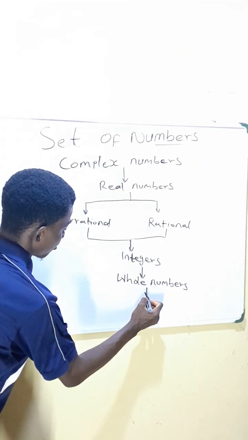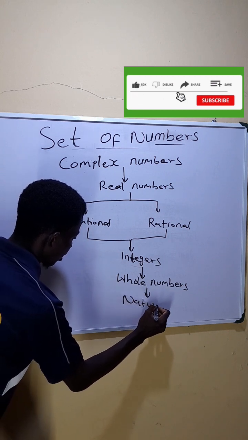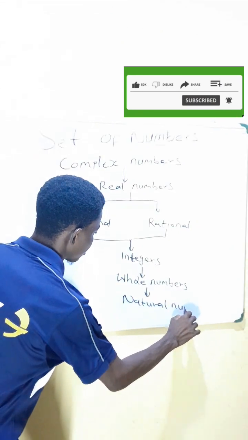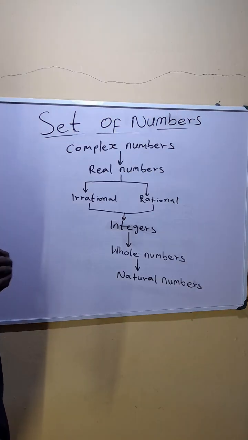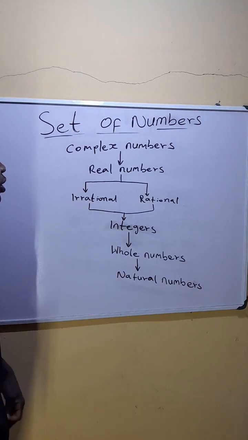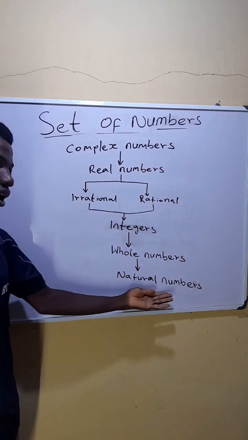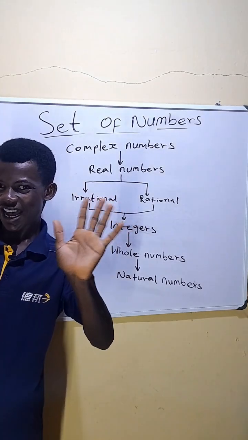Now from these whole numbers, we have natural numbers. All these are sets of numbers, from complex numbers down to natural numbers. See you next time. Bye bye.